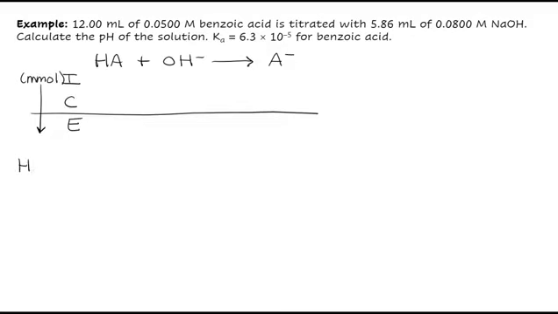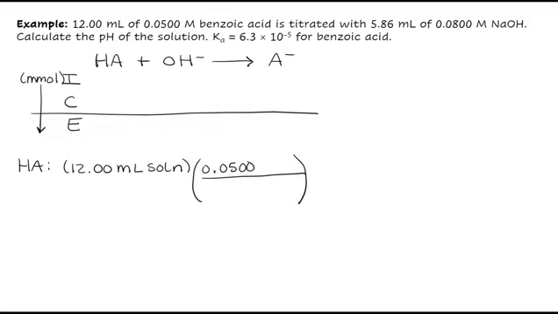For our HA, we have 12 milliliters. Make sure you include the zeros. 12.00 milliliters of solution times the molarity of the HA, which is 0.0500, and that's moles of HA divided by liters of solution.